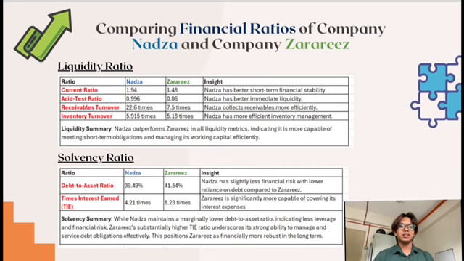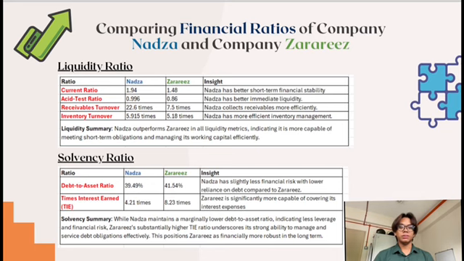It seems Naza has better short-term financial stability because its current ratio is 1.94, which is higher than Zararis at 1.48. Naza also has better immediate liquidity because its acid test ratio is also higher than Zararis, which is 0.996.